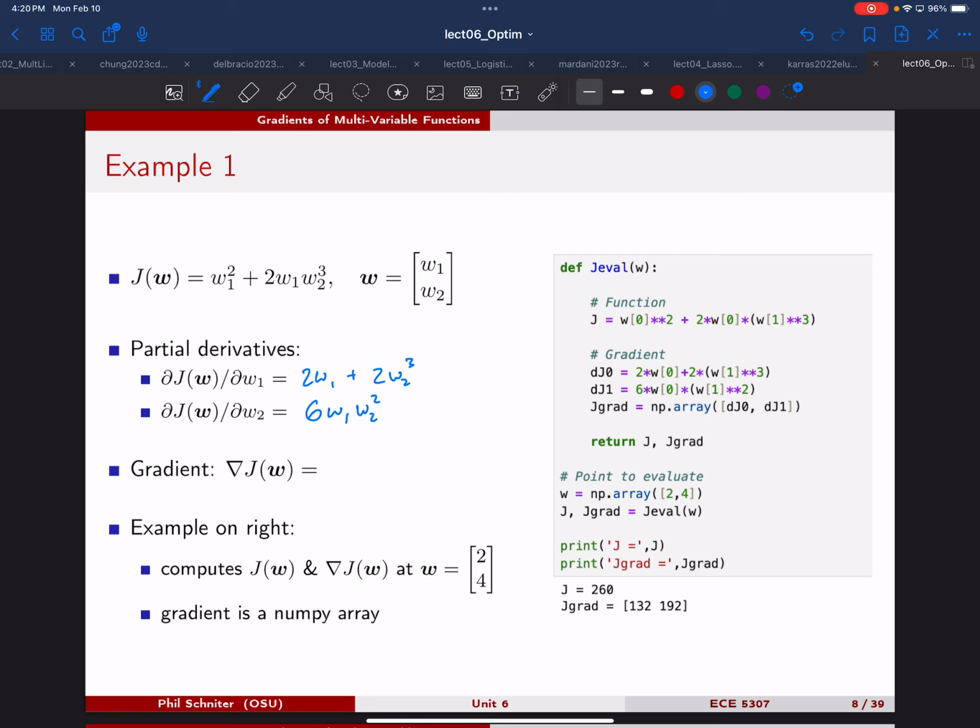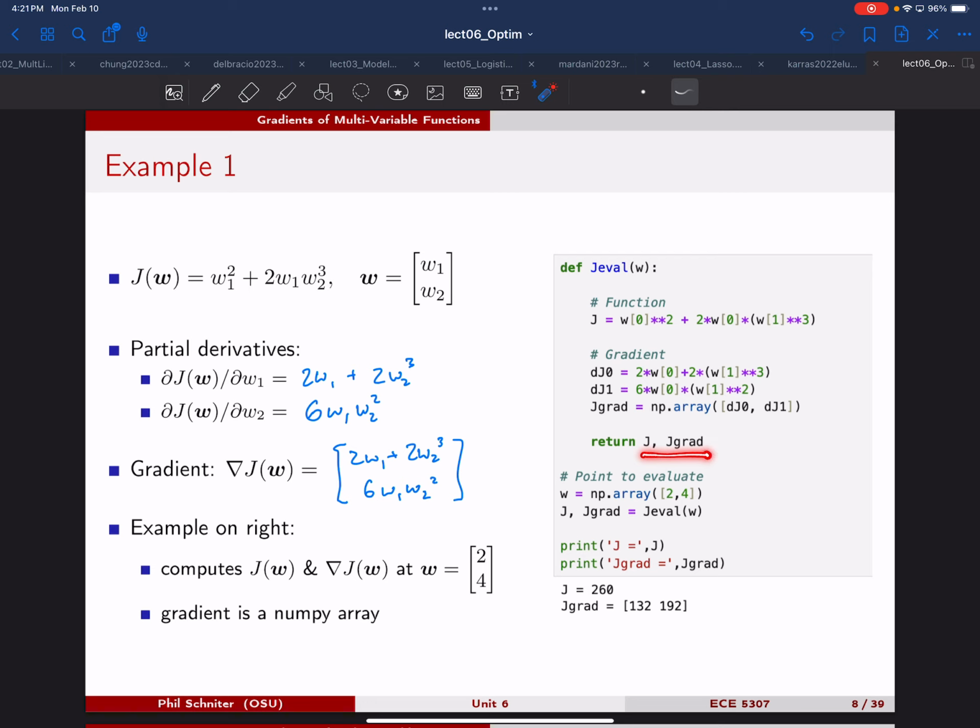So now that we've computed the individual terms, we can just stack them into the gradient, like this. And an example of doing this in code is on the right. Here we have a function called jeval, and it returns two things.